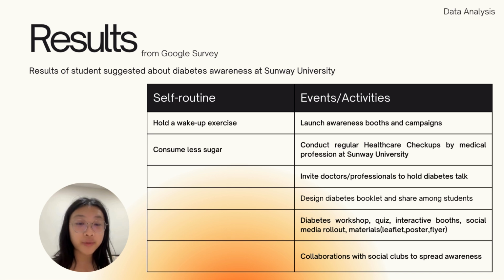About diabetes campaigns, they suggested inviting doctors or professionals to hold a talk, designing a diabetes booklet and sharing it among students and their peers, and launching a diabetes workshop quiz, interactive booths, social media rollout and materials, and also collaboration with social clubs to spread awareness. For self routine, they also suggested consuming less sugar in their meals and diet, and holding a wake-up exercise daily.